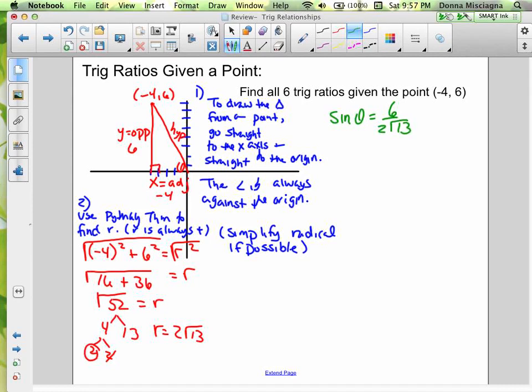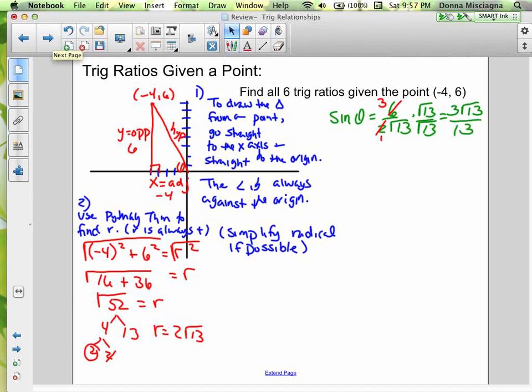We need to reduce, and we need to rationalize. 6 divided by 2 is just 3. Then we'll multiply by the square root of 13 over the square root of 13. That gives us 3 square roots of 13 divided by 13. And I was right, I would have run out of space.